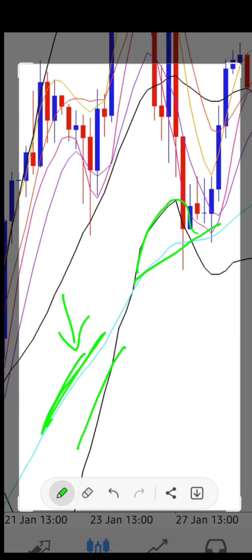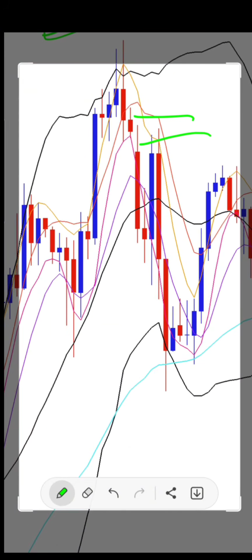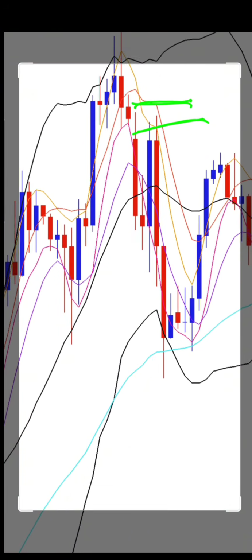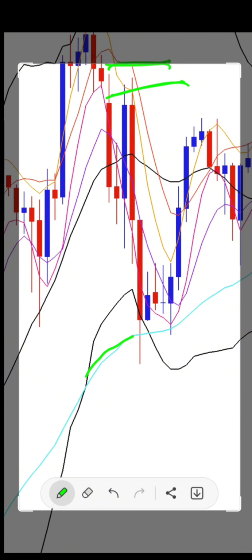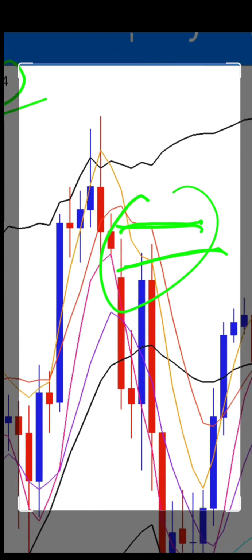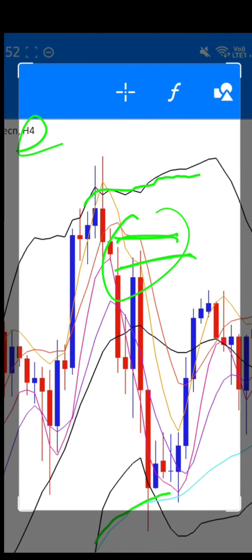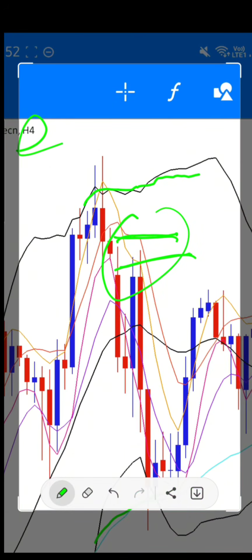Keep in mind this is what differentiates the nuclear setup from the simple setup. If at the time of the re-entry the EMA 50 is just outside of the low or top BB, this is called a nuclear setup. And you have to keep in mind the stoppage, right? At the time of entry, you can see the top PP is fully flat.